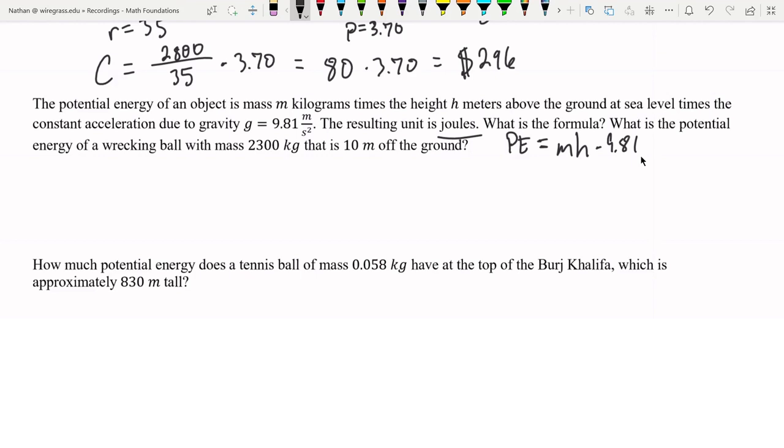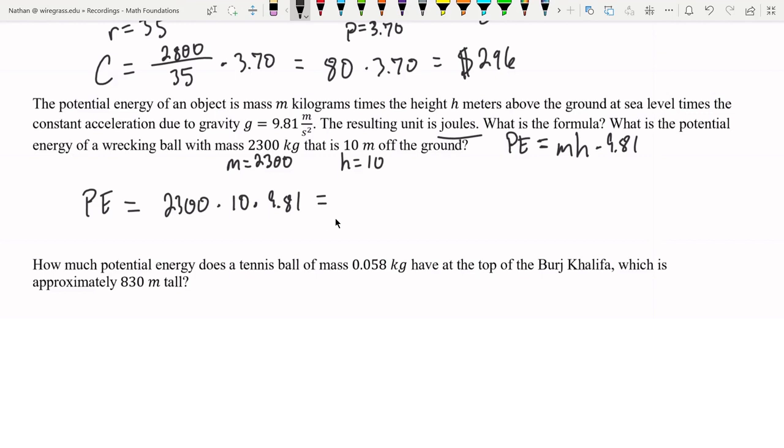What is the potential energy of a wrecking ball with mass 2,300 kilograms that is 10 meters off the ground? So the mass is 2,300, and we're assuming that the height is 10 meters off of sea level ground. So the potential energy of this wrecking ball is going to be 2,300 kilograms times the height, which is 10 meters, times 9.81 meters per second squared for gravity.